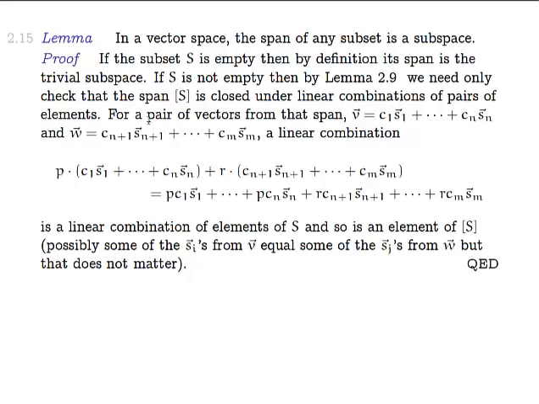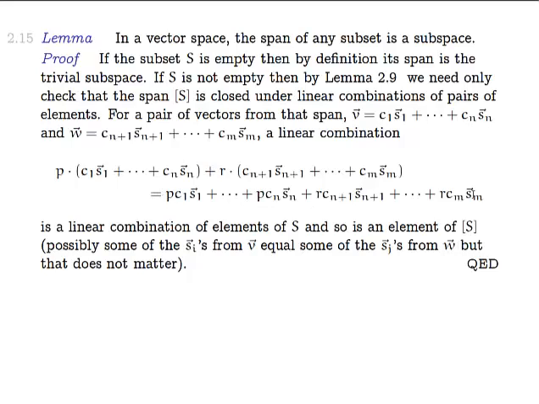For a pair of vectors from that span, any element in the span is a linear combination of vectors. So if I take any linear combination of v and w, that's also a linear combination, so that's also in the span by definition.